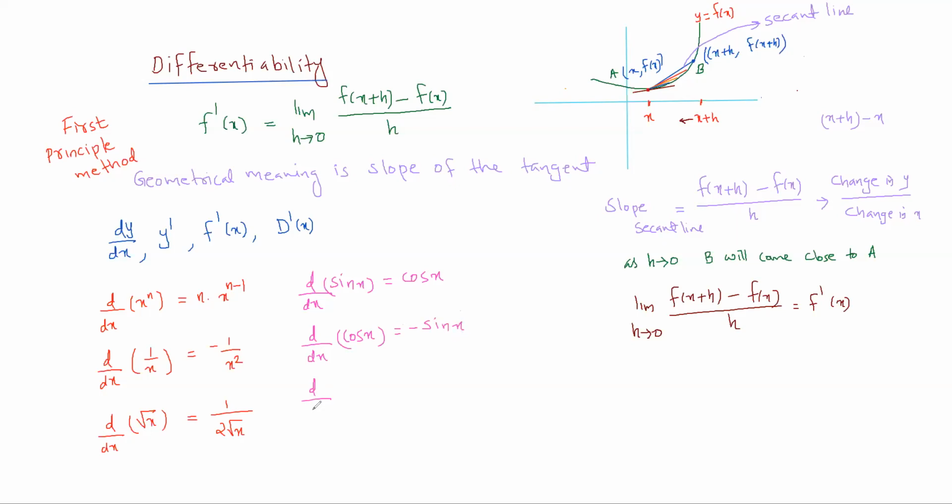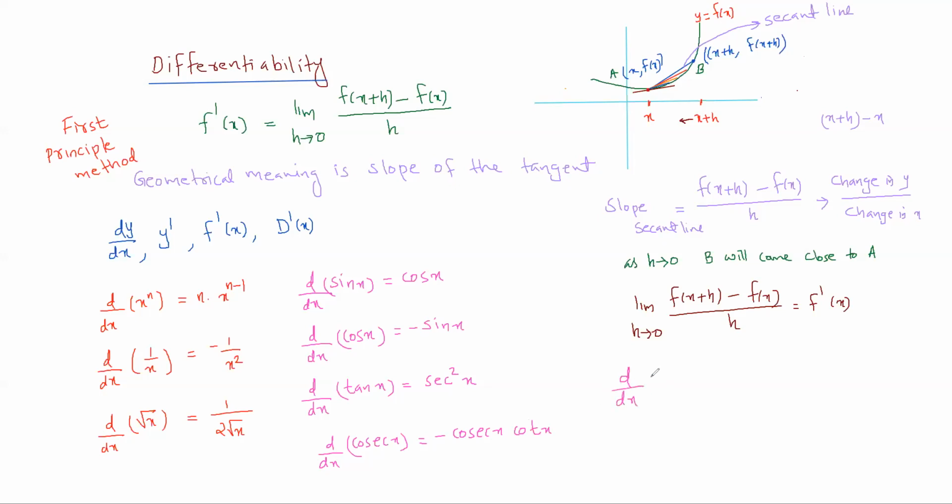Derivative of tan x is equal to secant square x. Derivative of cosecant x is equal to minus cosecant x into cotangent x.